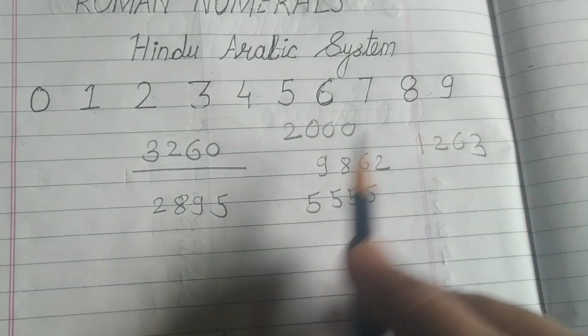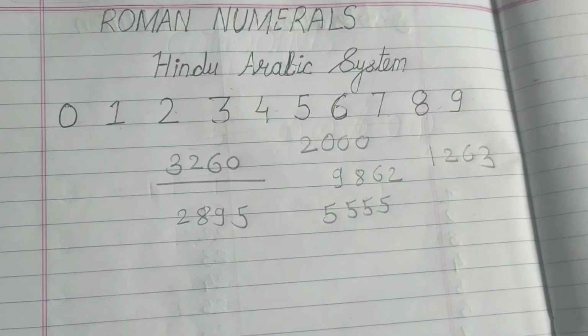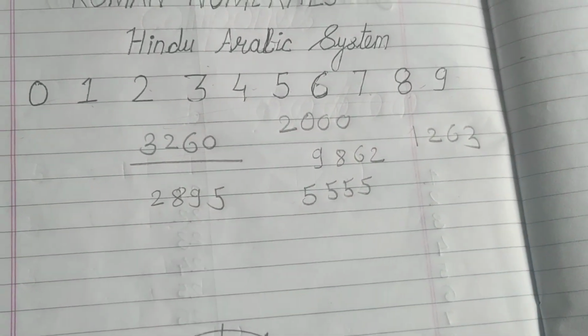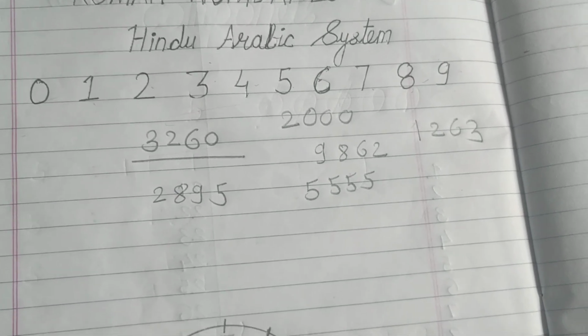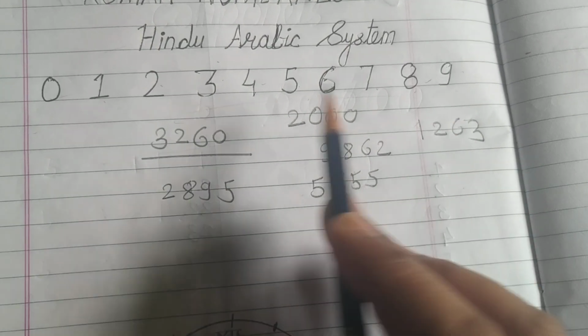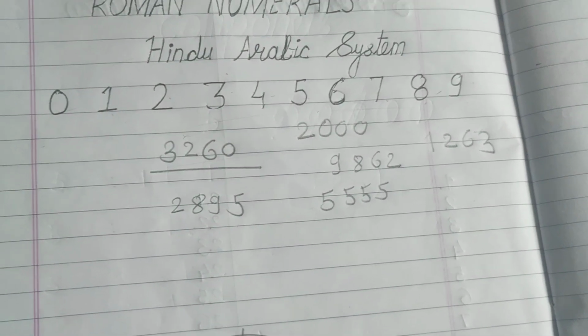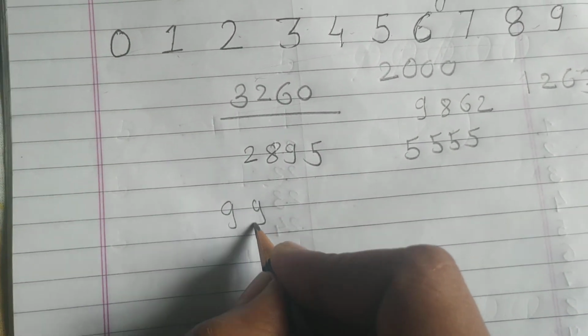Using these symbols, we can form any number in the Hindu-Arabic system. Okay? Whatever number you want to write, maybe it's too big, then also we will use these symbols only. We can repeat these symbols many times. Suppose I want to write a very big number.